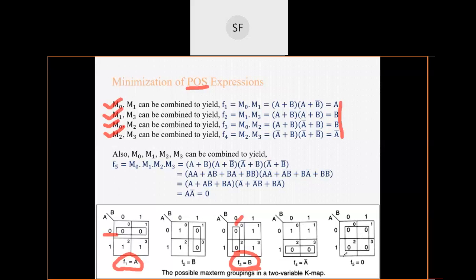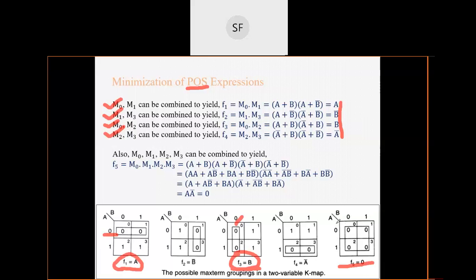Okay, now again in F5 four zeros are present, so since four zeros are present, what can you do? What is the maximum grouping of zeros you can make? All four are zeros, so that means the maximum grouping will be four. So you have made a combined four-square here. You can observe that this is called a quad. Quad. So whenever such a quad is present, now you can observe the value of A is also changing and the value of B is also changing, right, there is no constant.